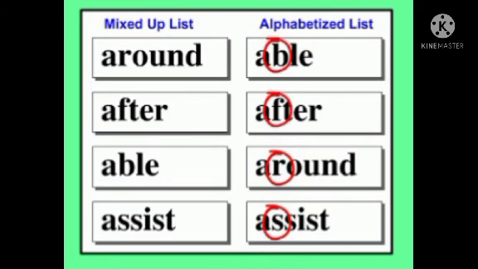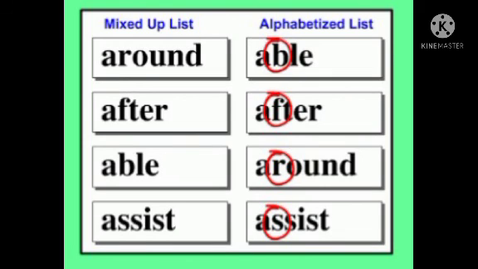So my dear children, to arrange this list of words, we will look at the second letter and arrange them in the alphabetical order or ABC order. The words on the left hand side are around, after, able, assist.